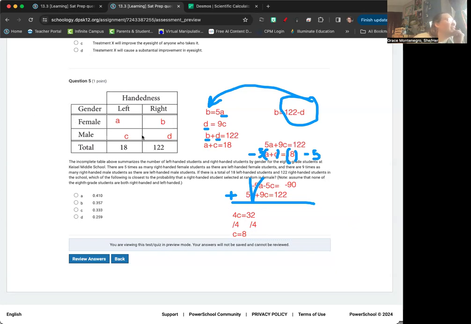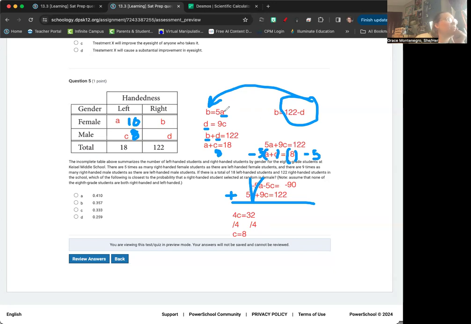Okay, so that's not a number that we need, but can it help us get it? C and D, do we have any equations with those in it? No, we don't. C and A. Yes, we do. Okay, so if C is 8, A is 10. I got that by subtracting 8 from both sides, now that I know C is 8. And do we have, okay, B is 5A.